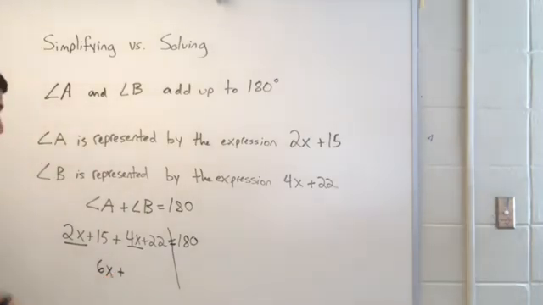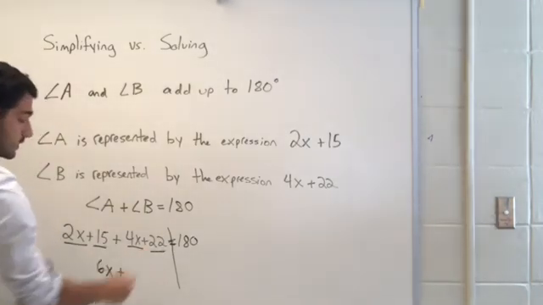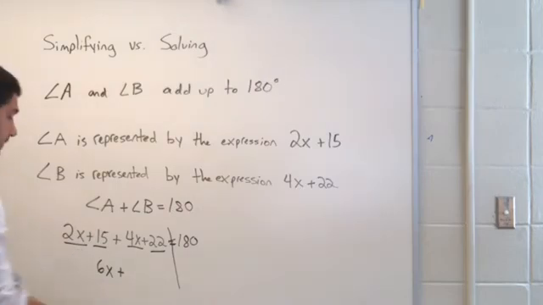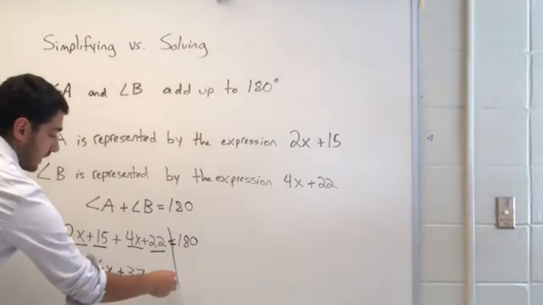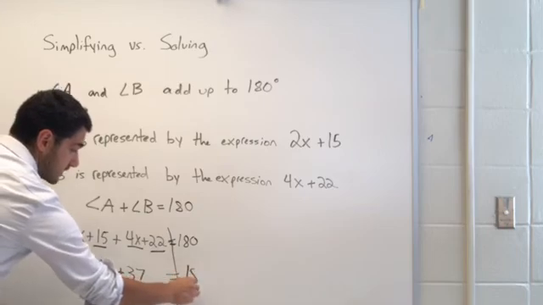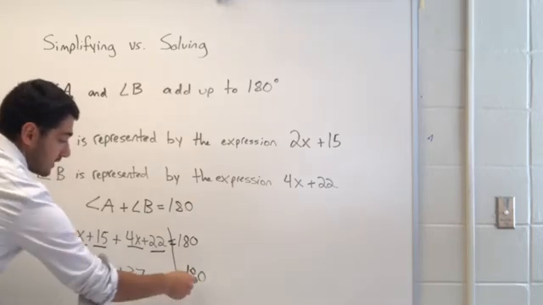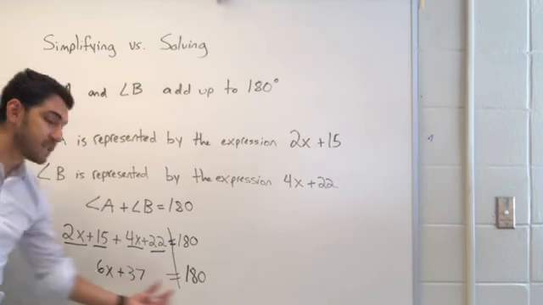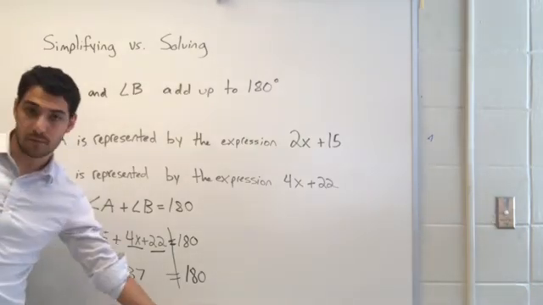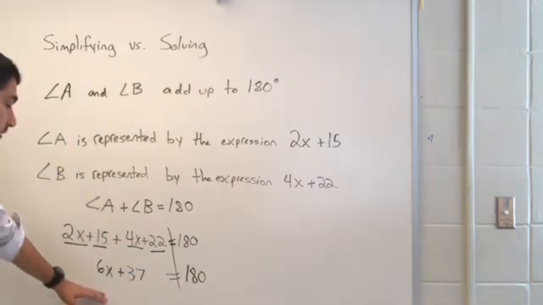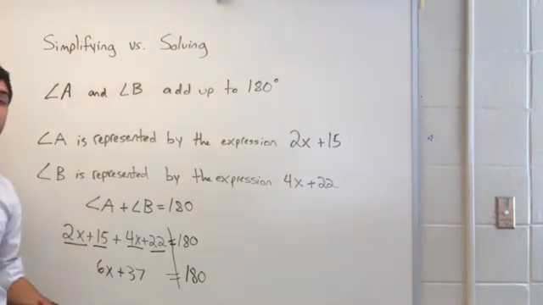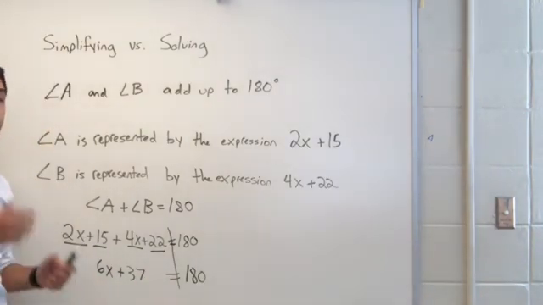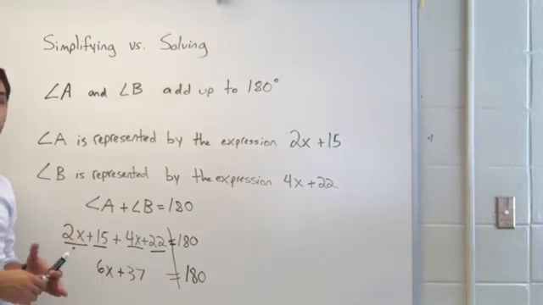Then I have the constants 15 and 22, which I can combine to make 37. Everything else stays the same on the equation. Now, since both sides of the equation are simplified to the most simple version, all the terms have been combined, then we can solve this equation, which we will talk about on Thursday more in depth than what you've probably seen before.